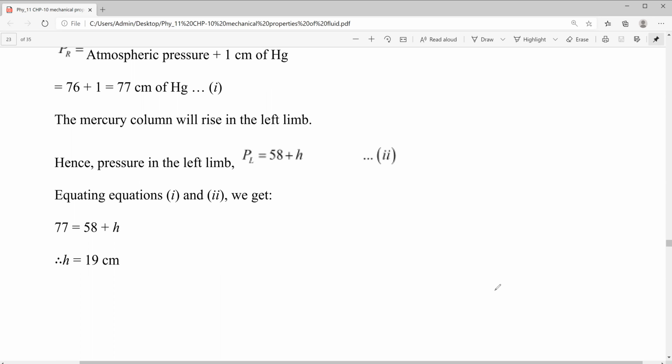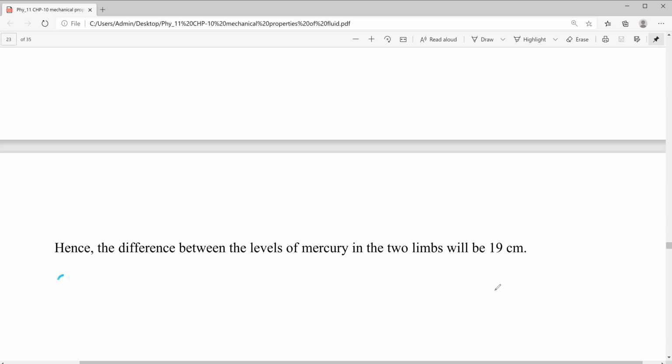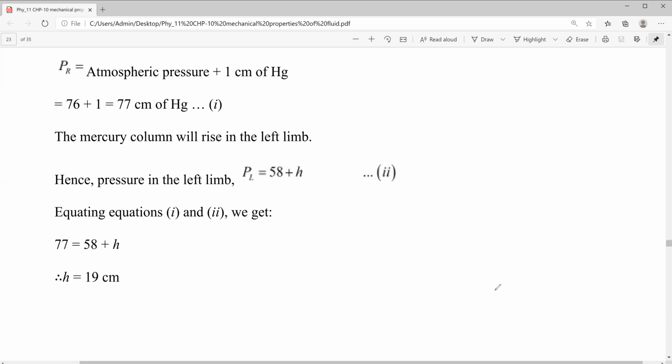Equating equation 1 and 2, how much height are we getting? The height we got by equating equation 1 and 2 is 19 centimeters.